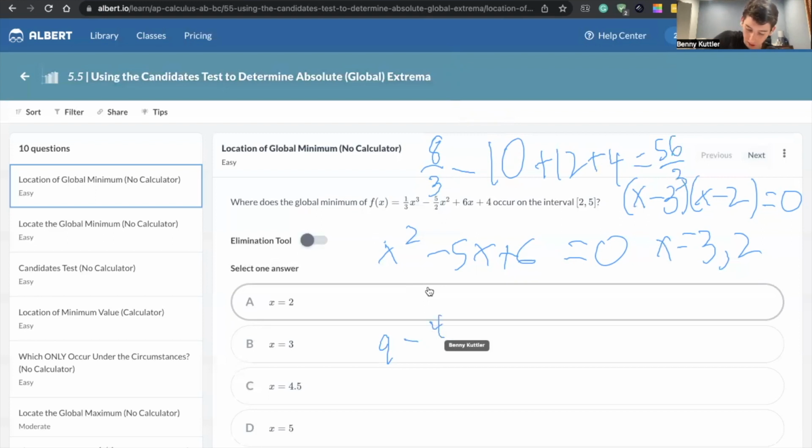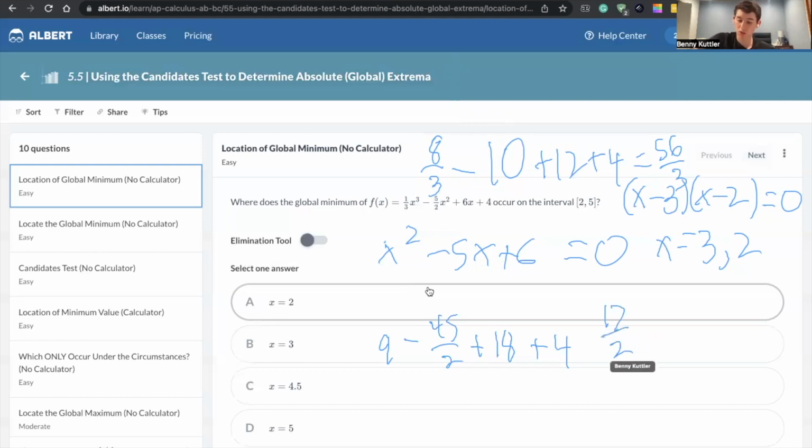It's 45 over 2, plus 6 times 3, which is 18, plus 4. So here we get 31 minus 45 over 2, which is 62 minus 45, 17 over 2.